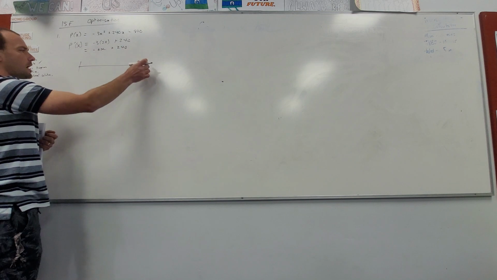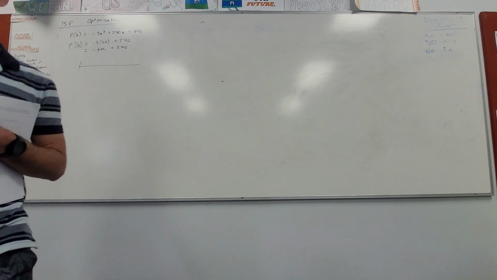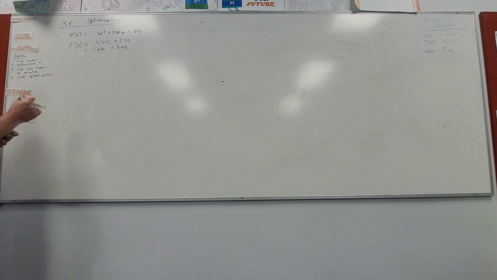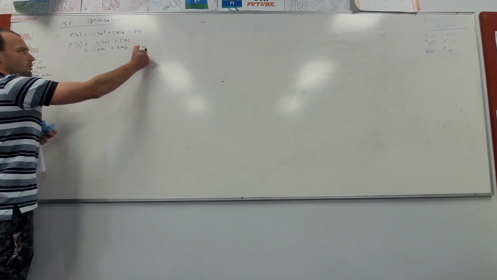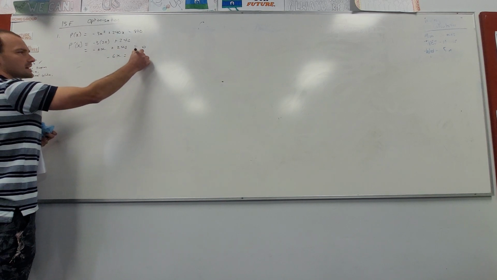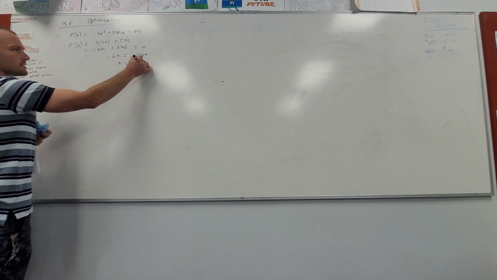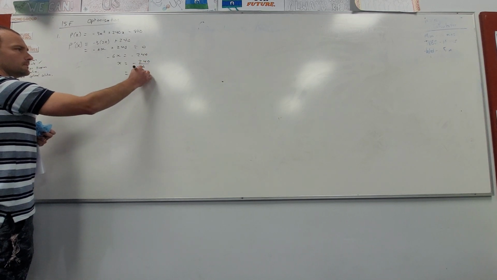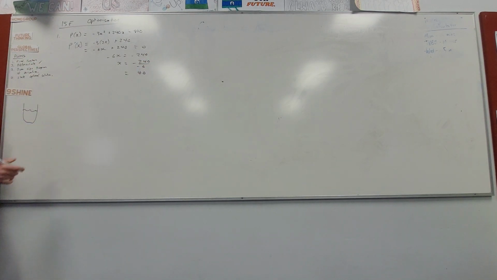So if we want to draw the sign diagram, let's make the mathematical argument first. We need to know when it equals 0. That's when minus 6x is minus 240. So x is minus 240 on minus 6, which is 40. All right, we've got the x value is 40.